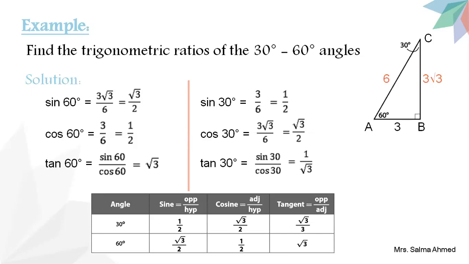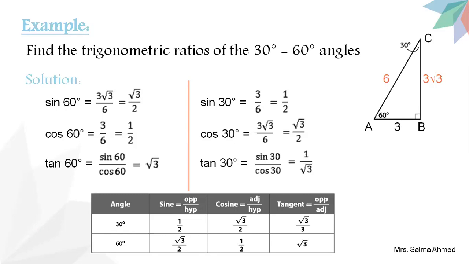If I need cosine 30, it gives me root 3 over 2. If I need tan 30, I divide the sine over cosine to get root 3 over 3. If you study this table, it's very important. You can use it by default: sine, cosine, and tan for 30, and sine, cosine, tan for 60.